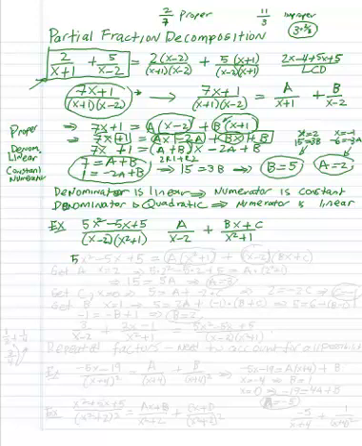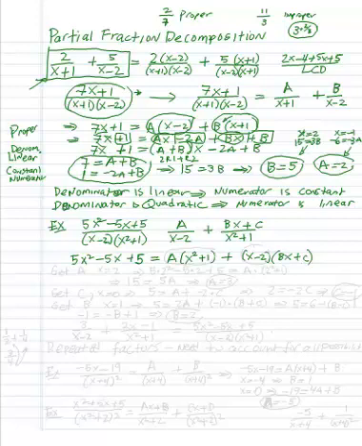On the left-hand side, we get 5x squared minus 5x plus 5. On the right-hand side, we have a, the x minus 2's cancel out, so I have x squared plus 1 left over. And for the second one, the x squared plus 1's cancel out, so I have x minus 2 times bx plus c.